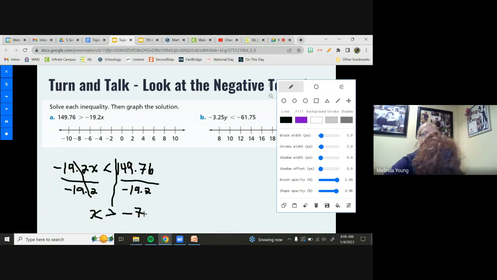Then on my number line I'm going to find about negative 7.8, it's going to be about here. I'm going to make it an open circle because there's no line underneath. And because x is greater than that, I'm going to make my arrow go to the right. If you want to try this example out on your own, you may. We can double check the answers when we're back in person.